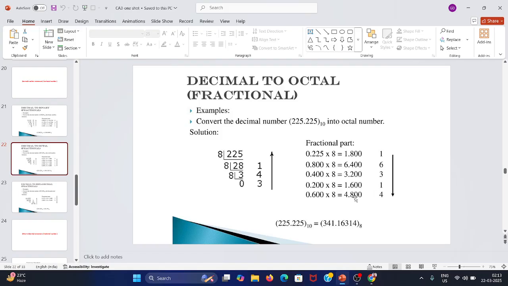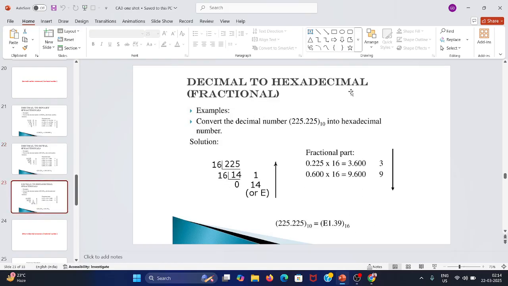We have done it till there, because the repetition is coming after that, 0.800, which is also here. Just follow my cursor. As I have mentioned before, you have to take from top to bottom. So as I have written here, after the point 16314, and the integer part comes from bottom to top, 341. So 341 point 16314.